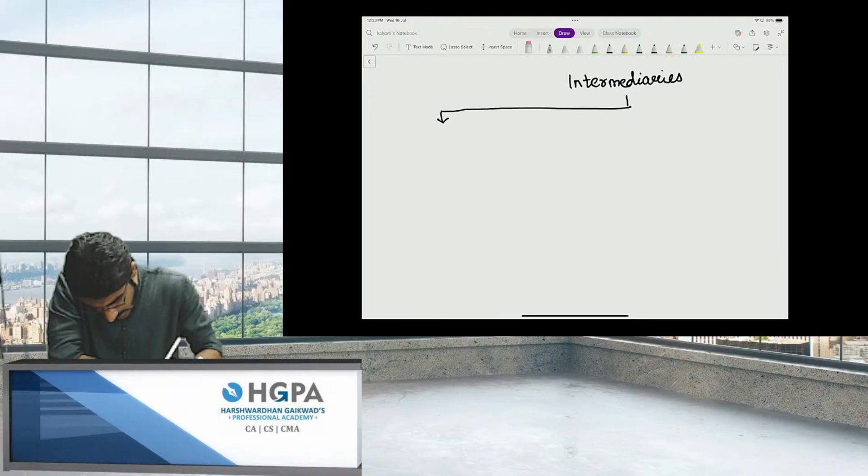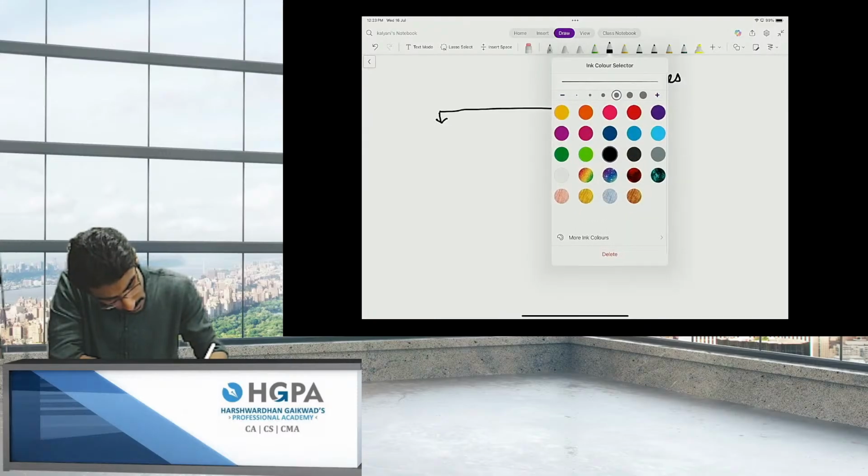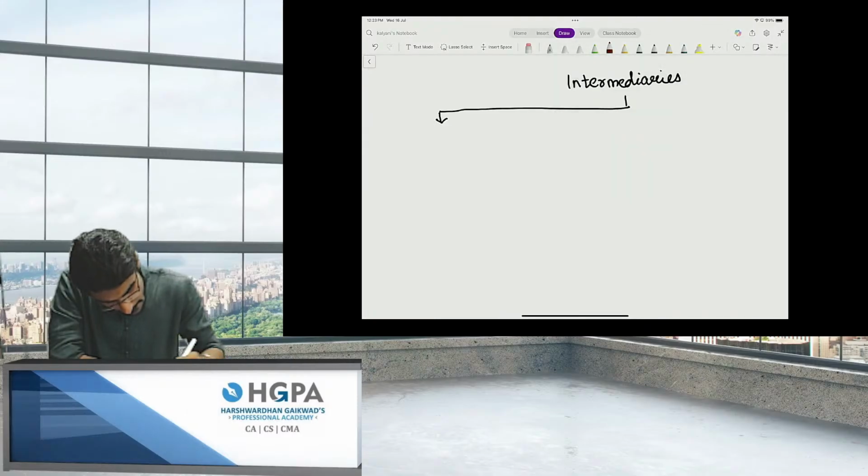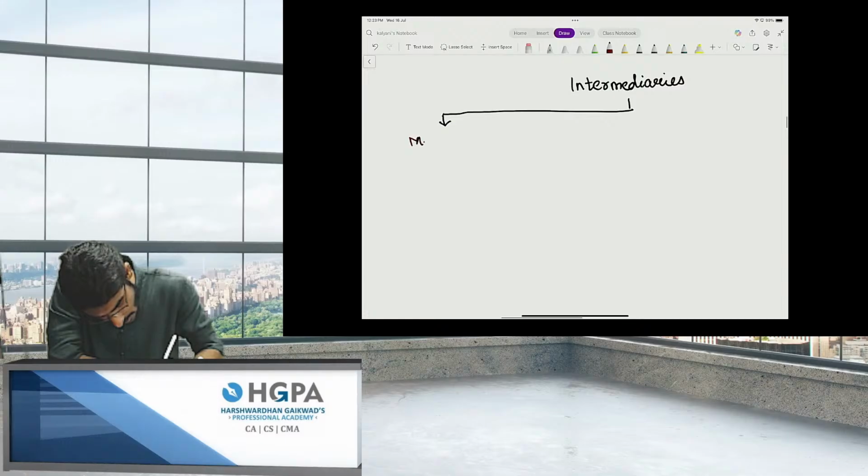Okay, let's change the color people now. Merchant banker.